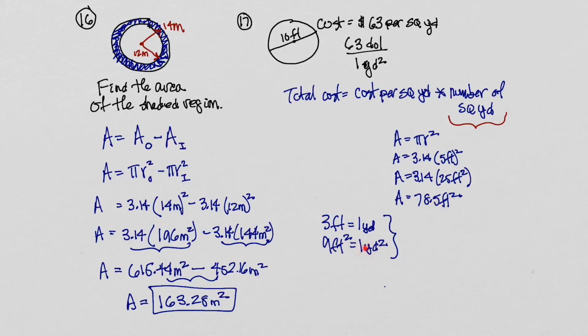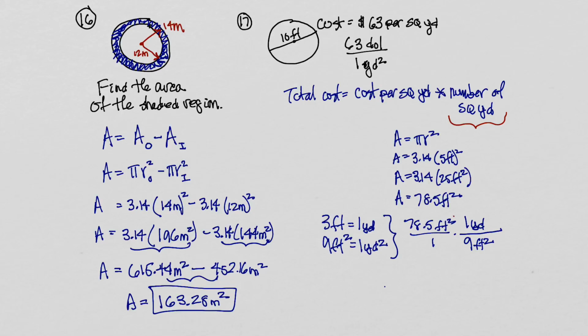I'm going to use this as my converter. So we're going to get 78.5 square feet over 1 times, now I want to get rid of the square feet and I want yards to be our end result, so I'm going to put the square feet on the bottom. So we'll get 1 yard over 9 square feet.